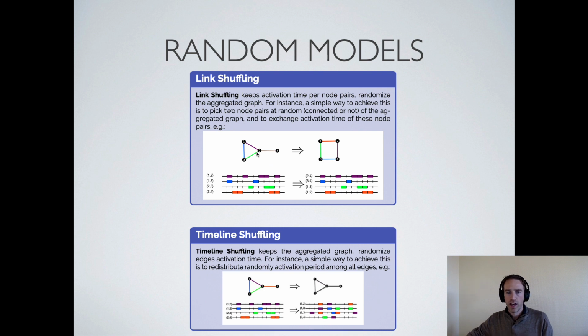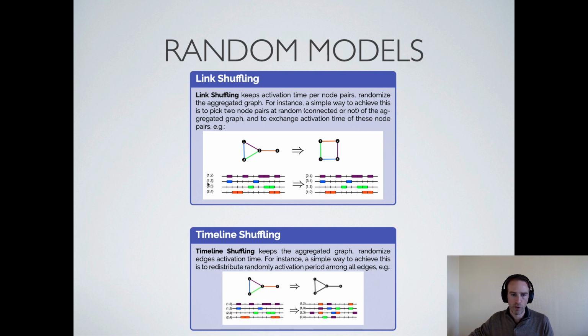Actually, this edge between 4 and 3 is a copy and paste of the interaction that before occurred between 1 and 3. Basically, you take an edge, you memorize the occurrences of interaction for this pair of nodes, and you shift it to another pair of nodes.